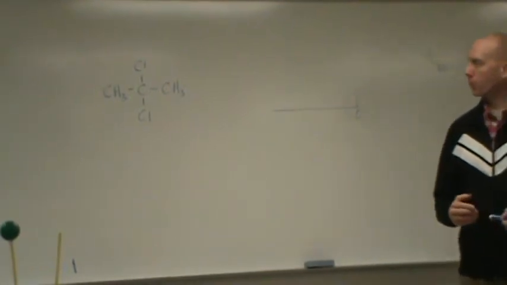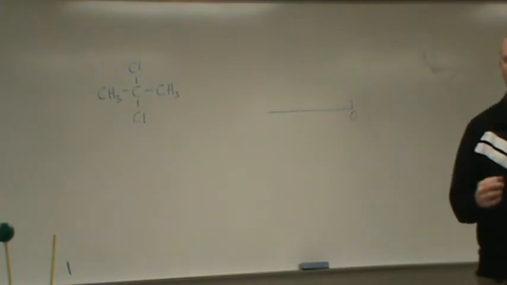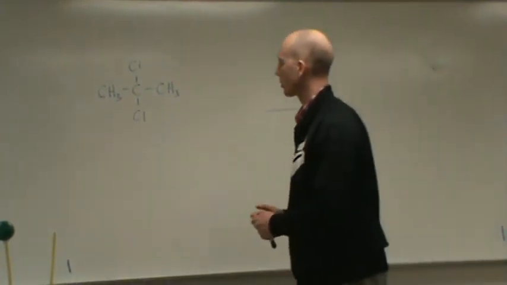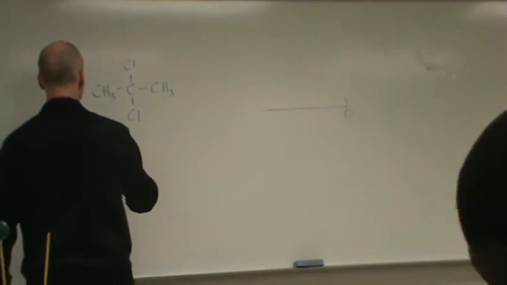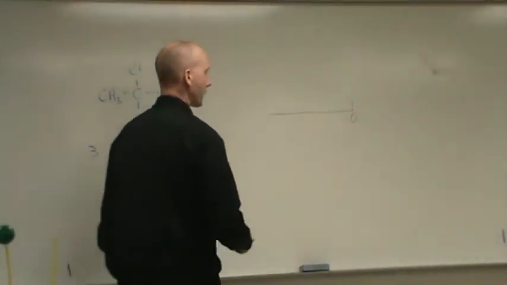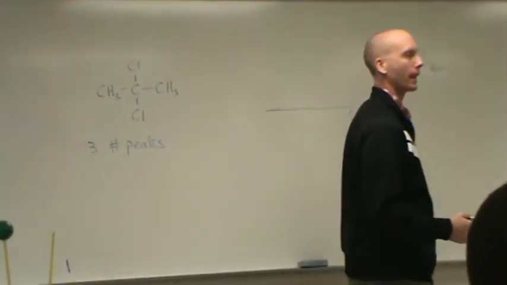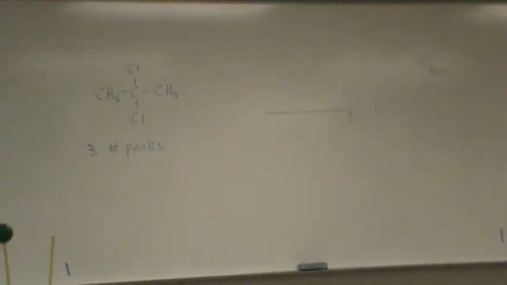Here, before we try to answer this, I'm going to give you the third rule. The third rule is the number of peaks that we get for the molecule. How can I predict if I have 3 or 5 or even just 1 peak?